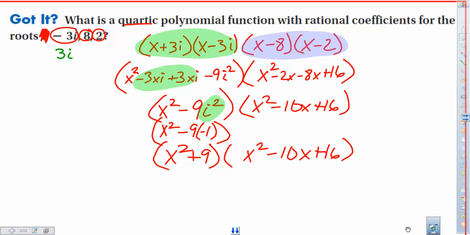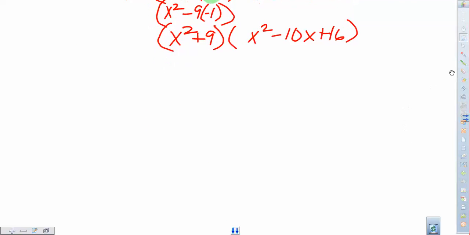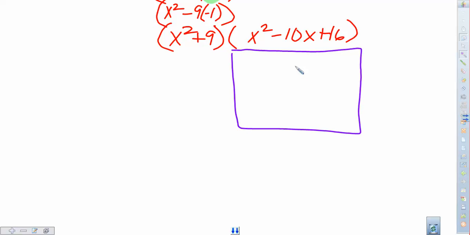Now how do you suppose we're going to multiply these together? You got it, just the same way we did it in previous units. So how about we grab that x squared minus 10x plus 16, and let's put some math in a box. Let's drop x squared and then a positive 9 right there.